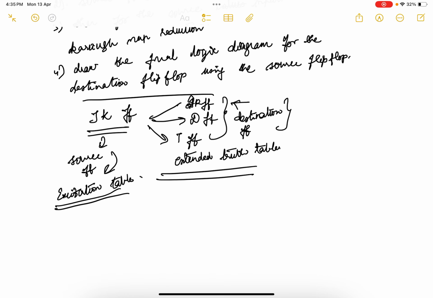D is delay flip-flop or direct flip-flop. D flip-flop and set and reset flip-flop, everything we have seen. Moreover, we have also learned about the JK flip-flop and its excitation table.